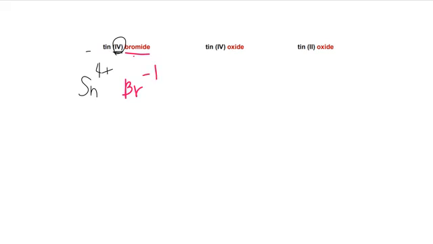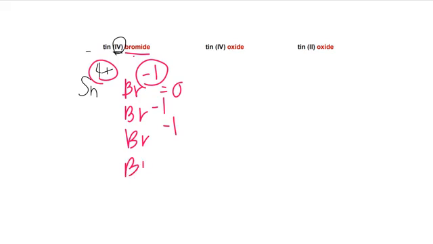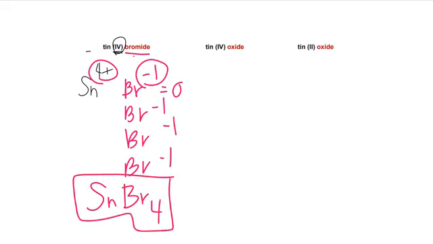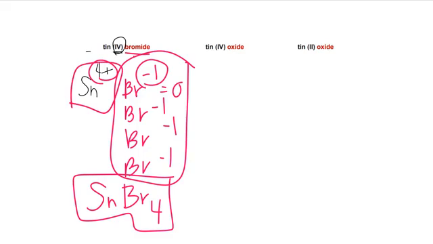So how do I get this to balance out and equal 0? Well, here this is 4 pluses, so I need 4 minuses. So I need to have another Br minus, Br minus, Br minus. So I would have SnBr4 for tin 4 bromide. Again, this gives me -4, and this is a +4 to equal 0.